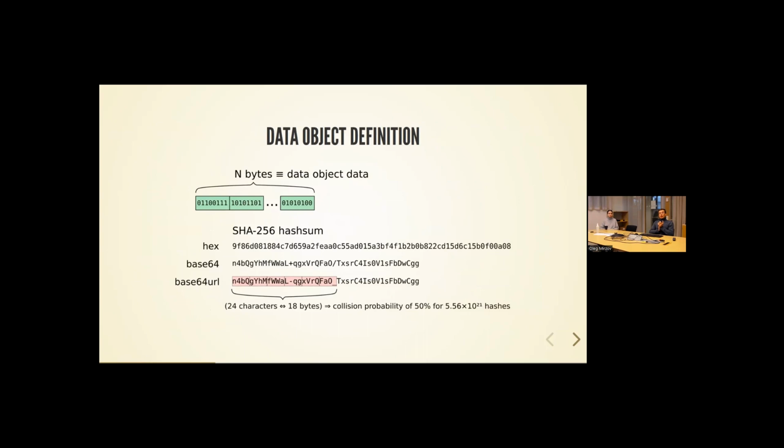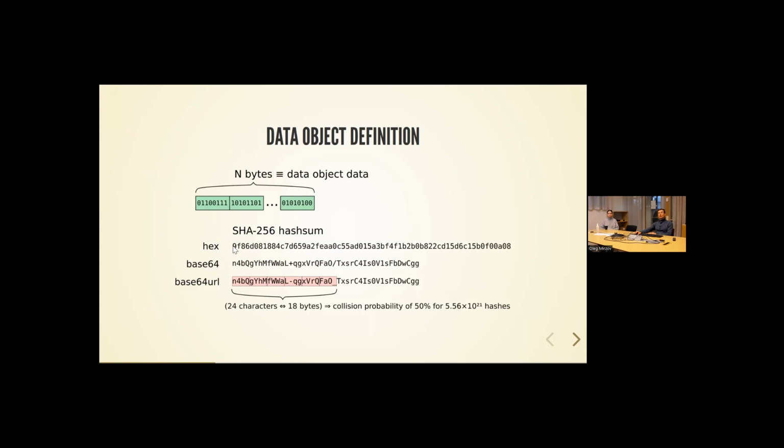Okay, so now the foundation of foundations: the data object definition. What is the data object for us? Well, the data object is just a sequence of bytes. That's all. And we identify it using this industry standard cryptographic hash sum called SHA256, which is 32 bytes in total, and it can be represented in different ways.